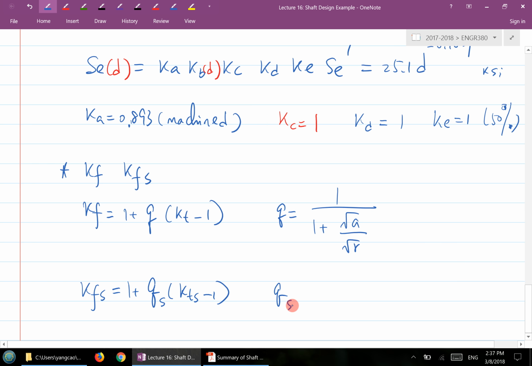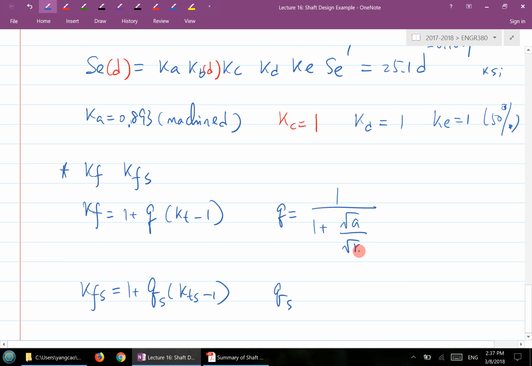Now, to calculate the q, we need the Neuber constant. The Neuber constant is a function of the material, so that's fine. That can be calculated once you have the material. But q also depends on the notch radius r, right? Especially at the beginning when you start to design, you probably haven't decided on the fillet radius yet.